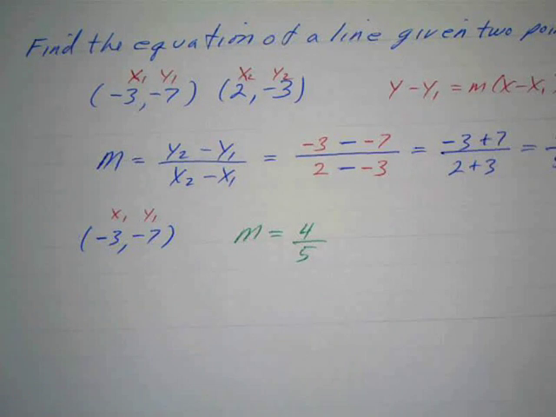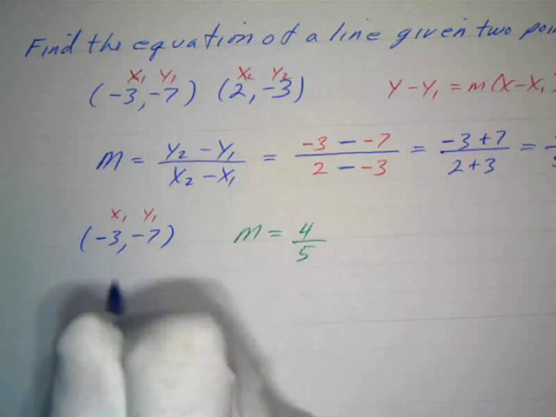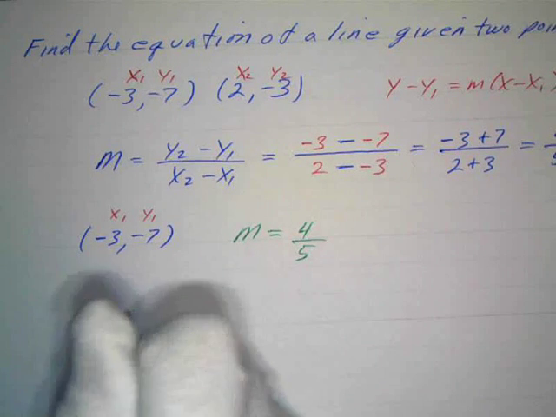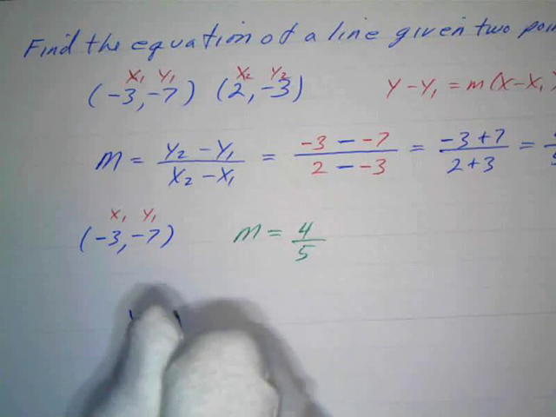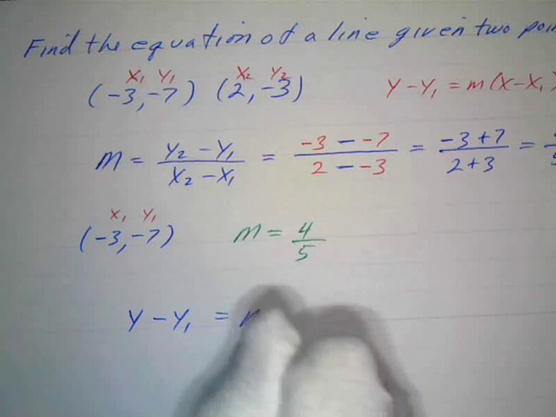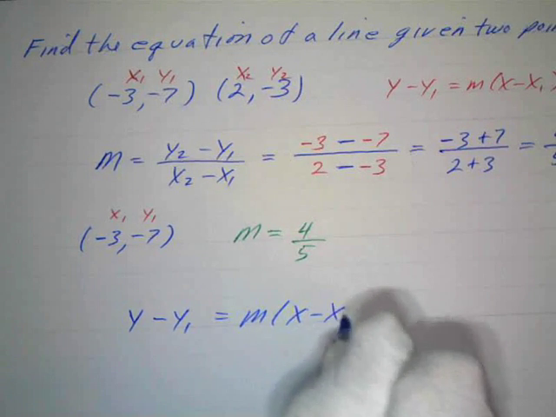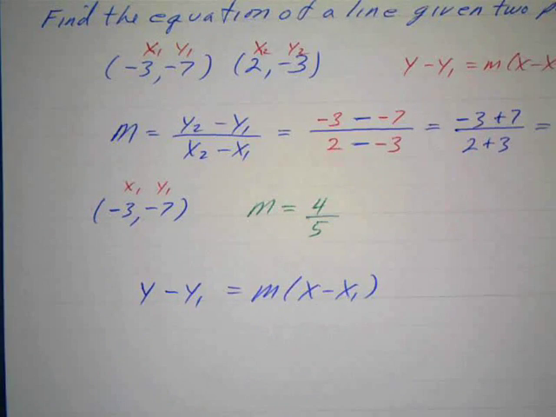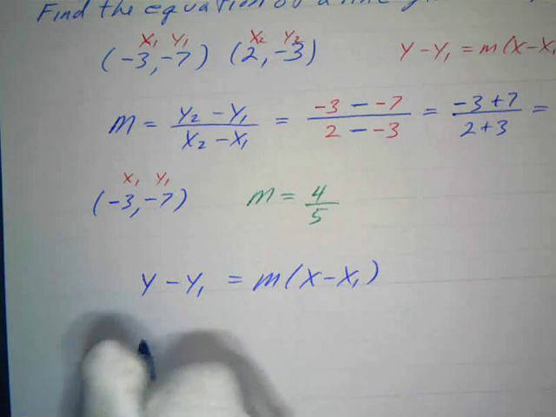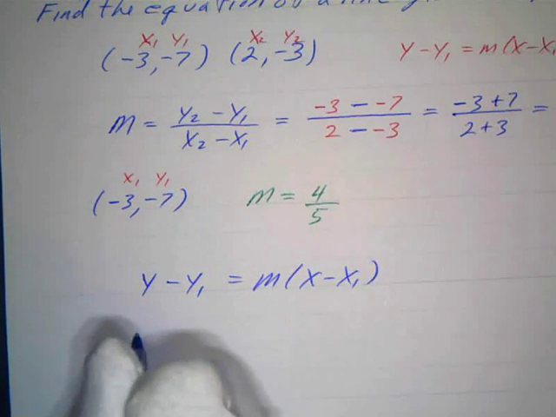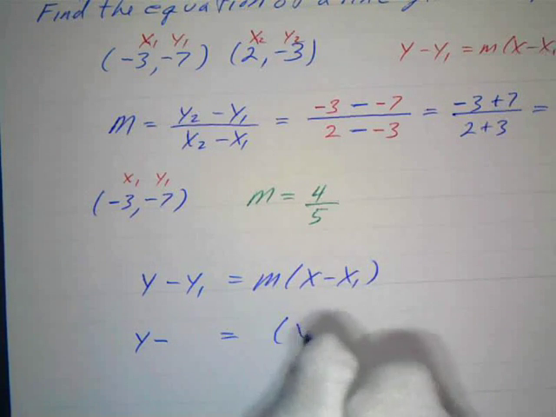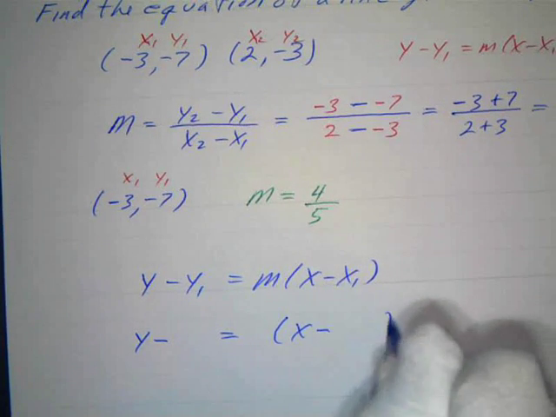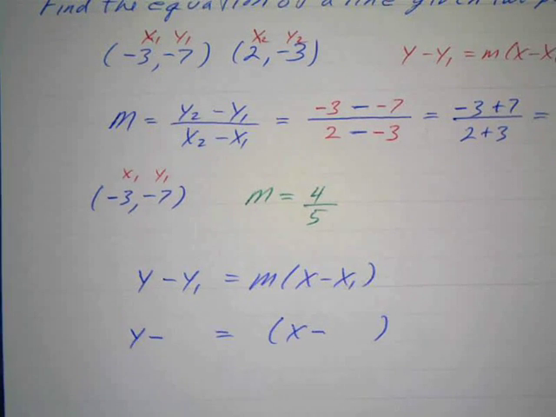And now I'm going to use my point-slope form. y minus y1 equals m times x minus x1. And again, I'll write the structure of my formula because I might have some double negatives. y minus equals m times x minus, and then I'll put my data in.